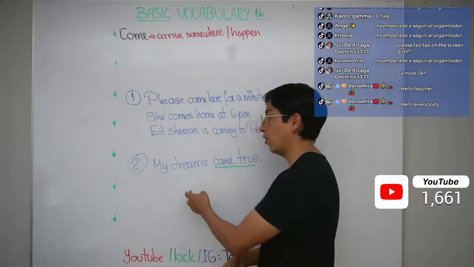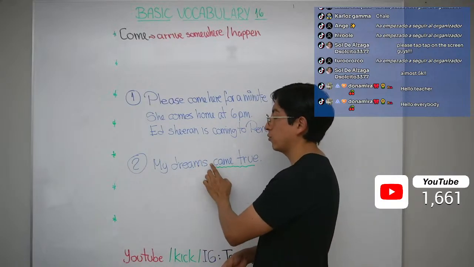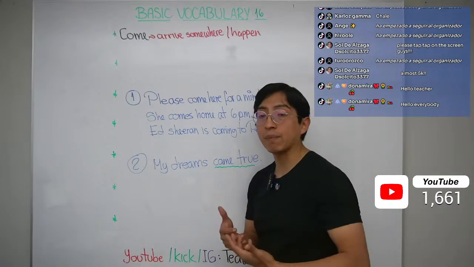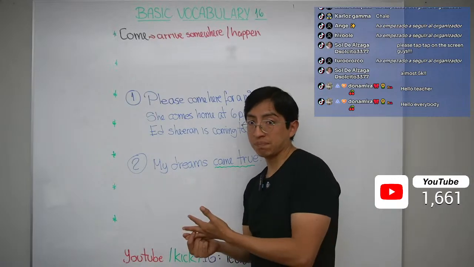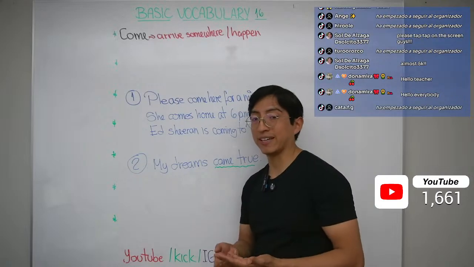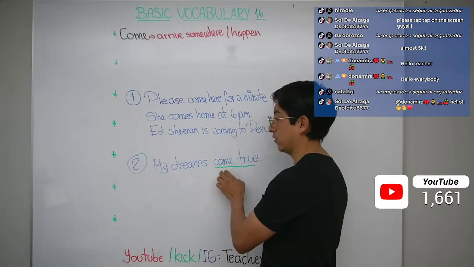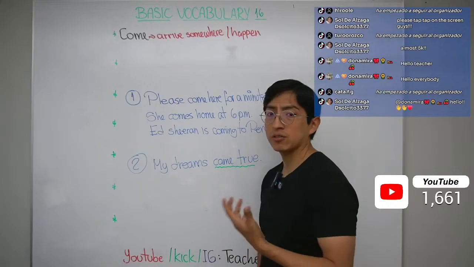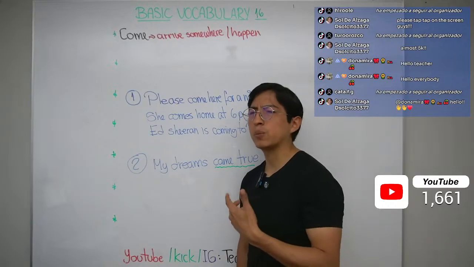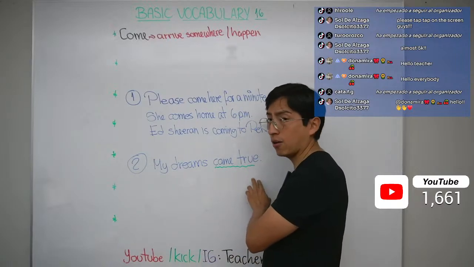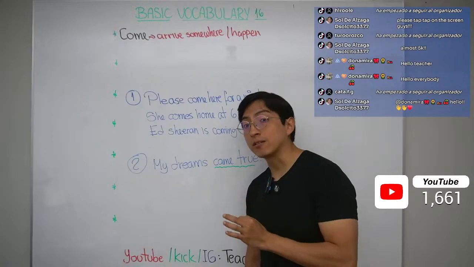So you can say, oh, my dream came true. It happened to become real. Okay, it happened to become true. Or maybe you can say his prediction came true. So now it is real.